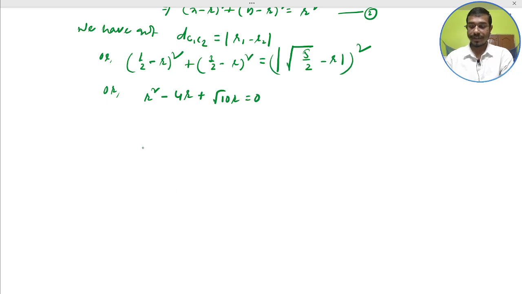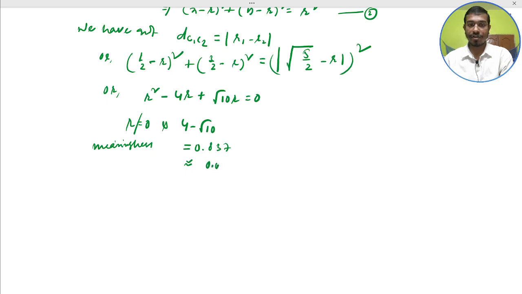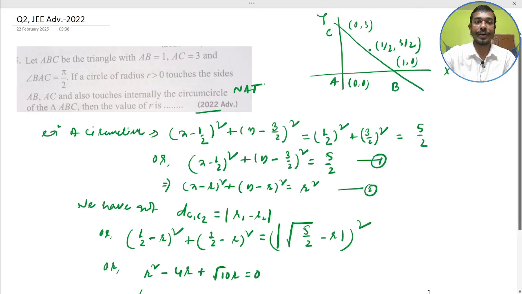You would get the value of r. r is 0 and 4 minus root 10. The 0 is meaningless. So the correct r equals 4 minus root 10, that is equal to 0.837, nearly equal to 0.84. This would become the value of r, 0.84. You should write this, 0.84.